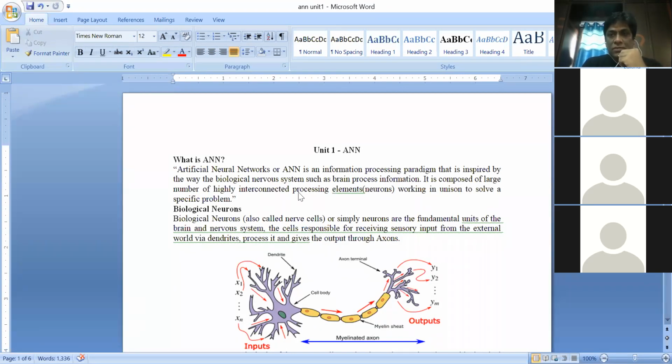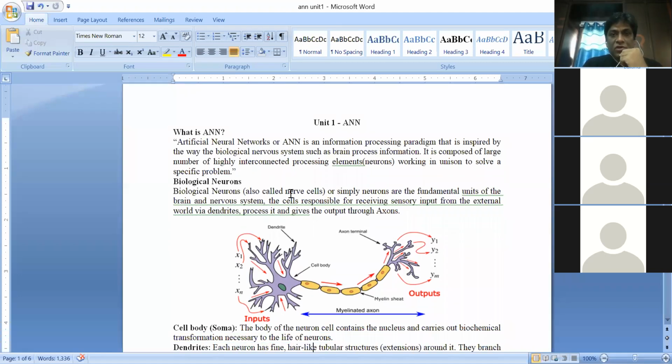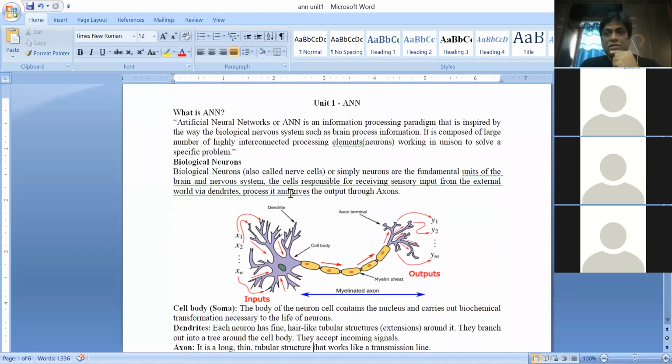So we can simply understand that an artificial neural network is nothing but a simulation of the human brain. Whatever a human brain can do, the neural network which we are trying to construct must also do it.